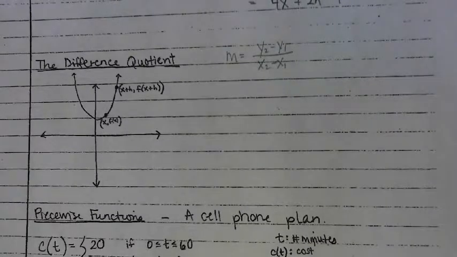If this has an x-coordinate of x, they're calling this other point an x-coordinate of x plus h. Are you with me? So the y-coordinate on this one is f of x, right there. And the y-coordinate on this one is f of its x-coordinate, which was x plus h. You follow that? So I have the points labeled x, f of x, and x plus h, comma, f of x plus h.